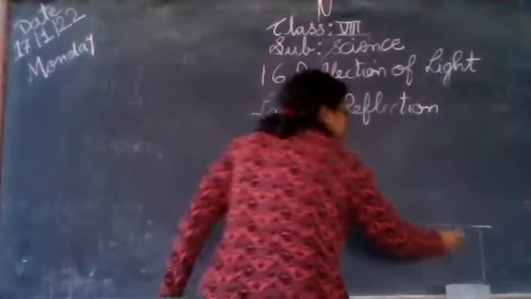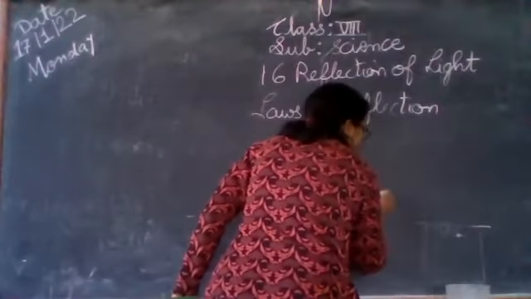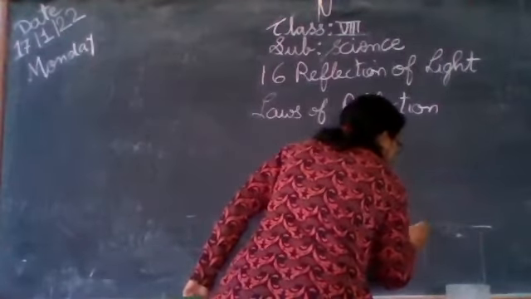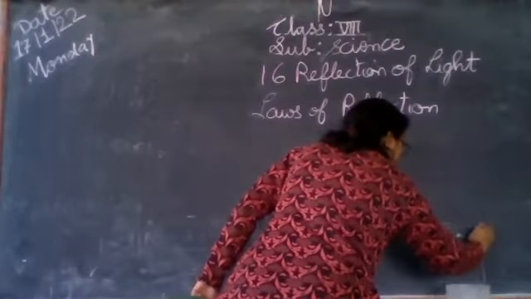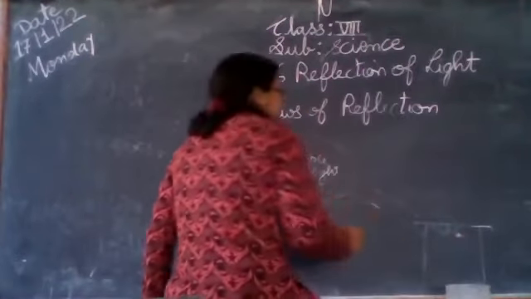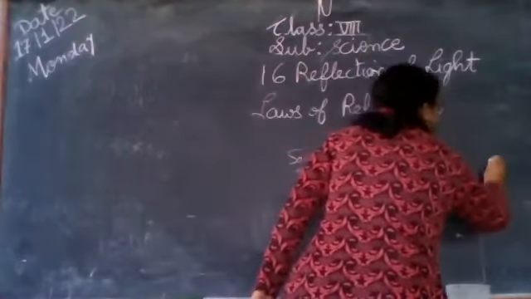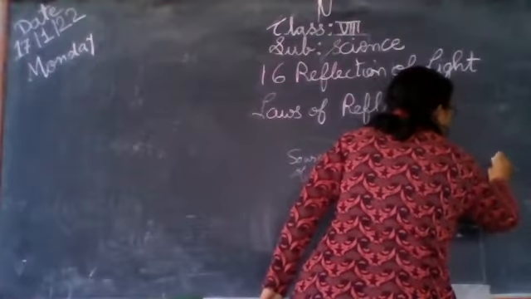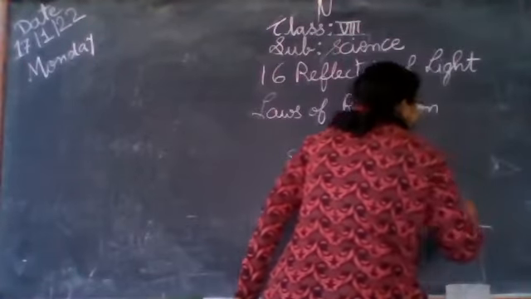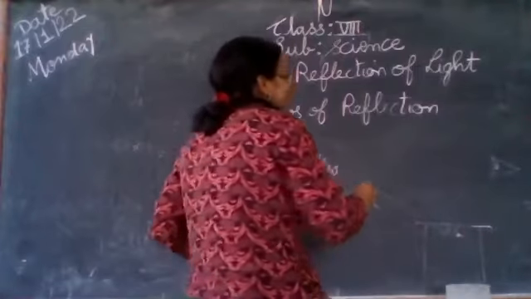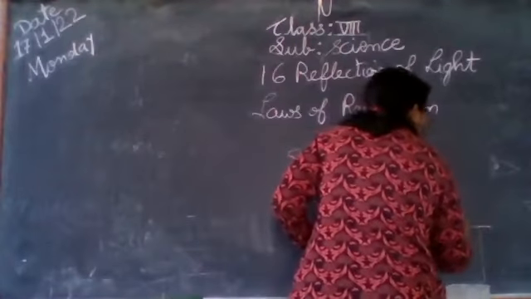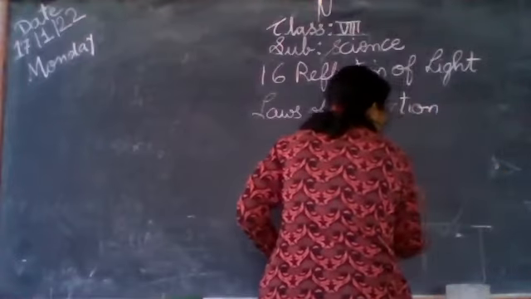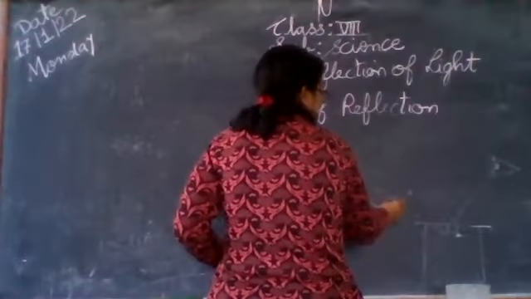The rays fall on this object, and only then can we observe it with the help of eyes. What we see is the reflected light entering our eyes.